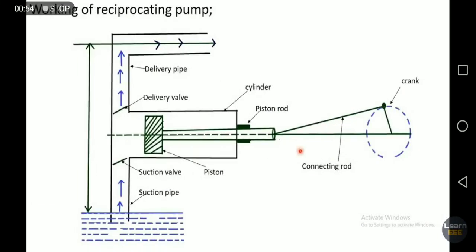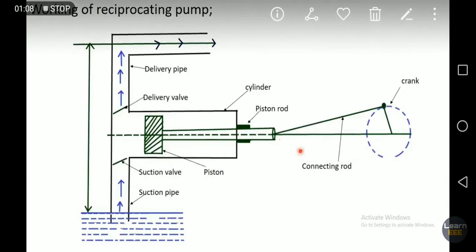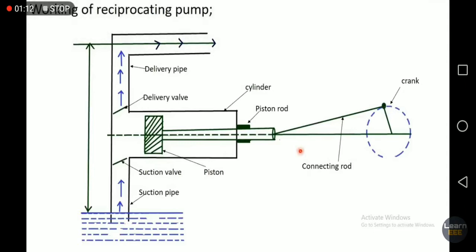In this diagram of the reciprocating pump, before that I am going to explain the main parts of the reciprocating pump. The crank is connected to the connecting rod. One end of the connecting rod is connected to the crank and the other end to the piston rod.